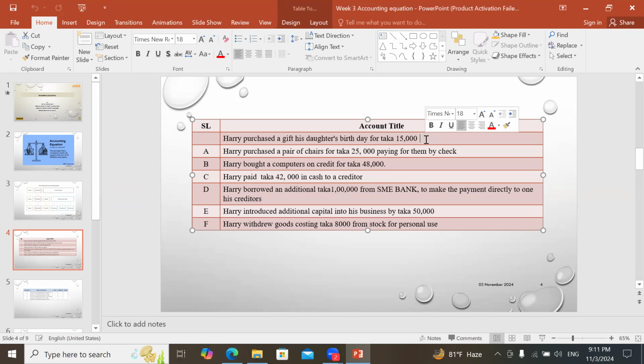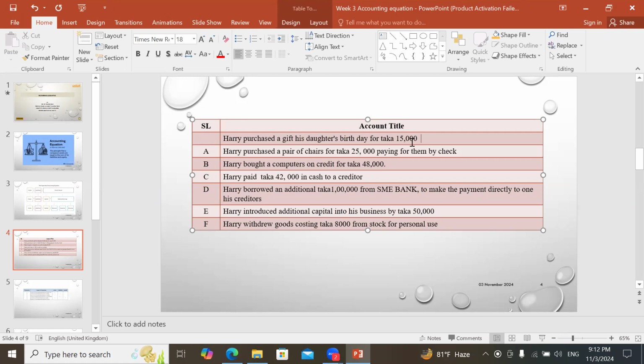So keep it in mind very carefully. You have to first determine whether this is a transaction or an event. This item has no effect on the company's financial position, so we cannot consider it in the equation, journal and accounting procedure.